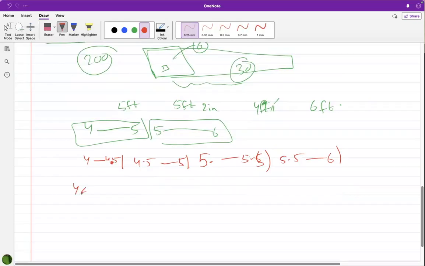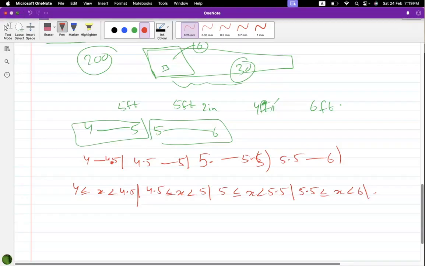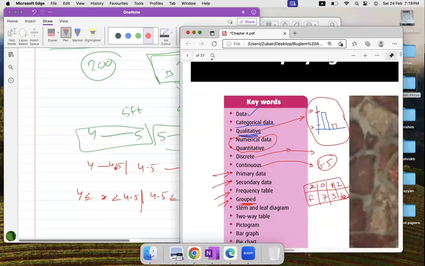This would be 4 is less than or equal to x, which is less than 4.5. So 4.5 actually falls in the second group: 4.5 is less than or equal to x, which is less than 5. Where do we write it if someone is 4.5? We write it in the second group. So 5 is less than or equal to x, which is less than 5.5. So this is how we make groups depending on our need and how detailed the data is required. So this is about the groups.